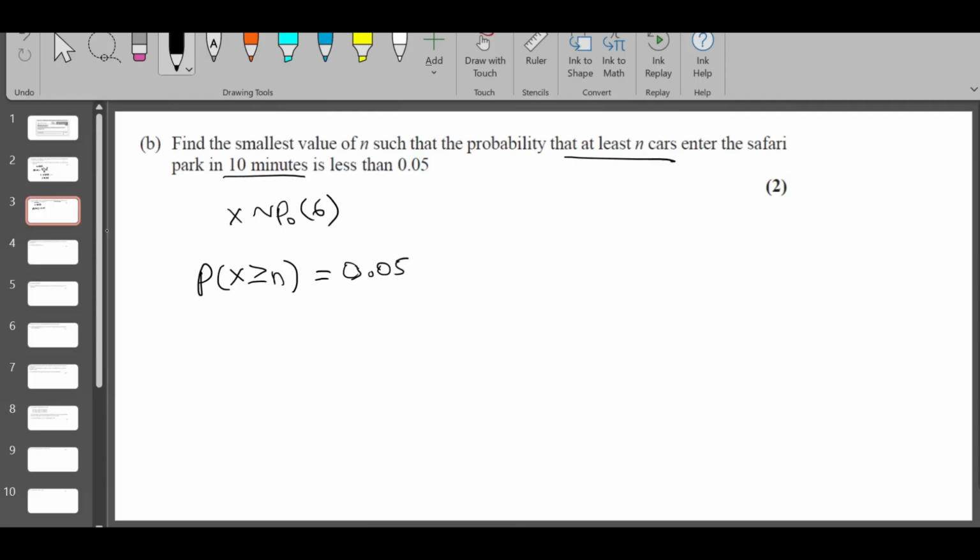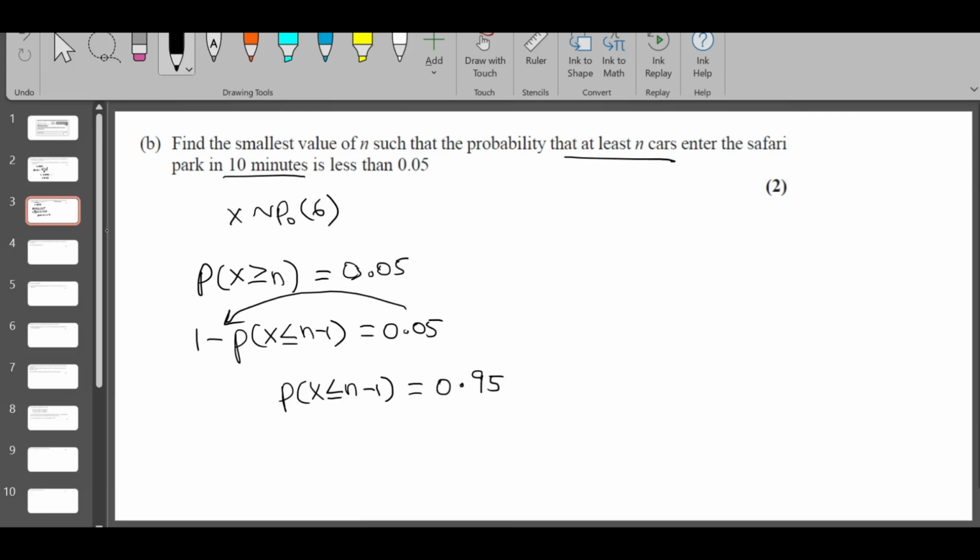You can rewrite this as 1 minus P of X less than n, or less than or equal to n minus 1, is 0.05. Rearrange the equation, you will get P of X less than or equal to n minus 1 is 1 minus this, 0.95.